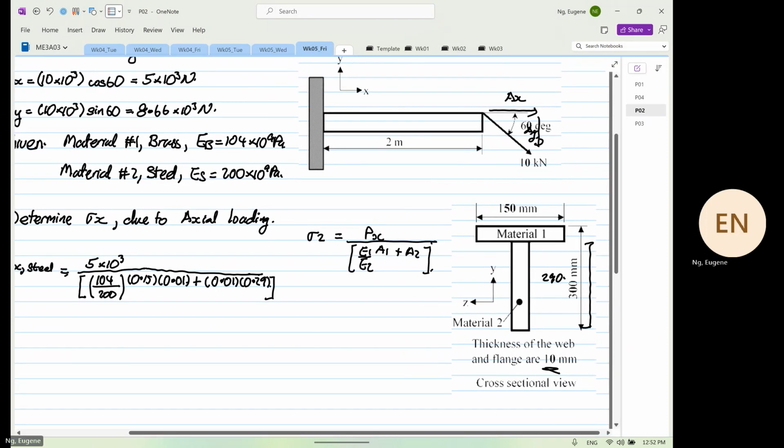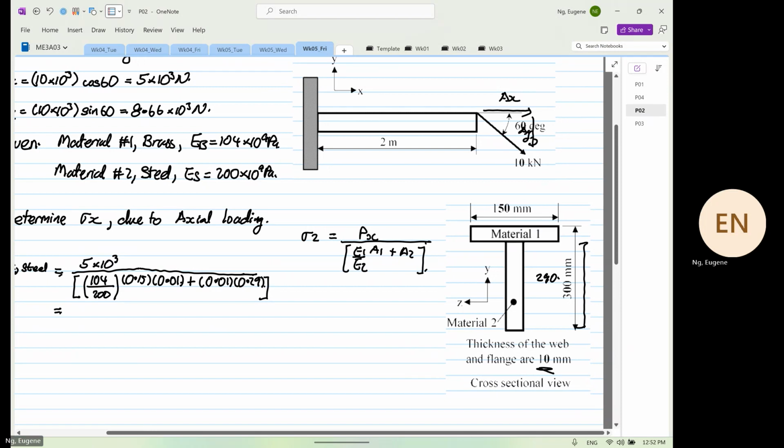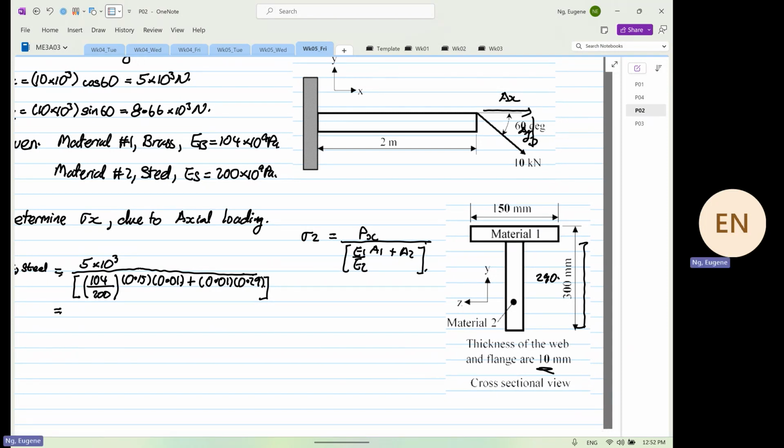Okay, so from here we get 104 divided by 200 times 0.15 times 0.01 plus 0.01 times 0.29, to the power 3 divided by, 1.359 times 10 to the power 6 Pascal.